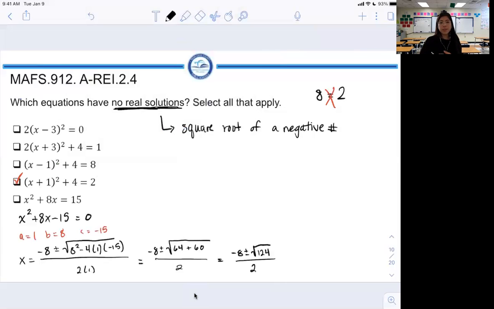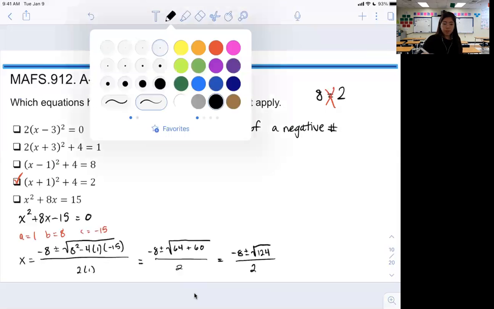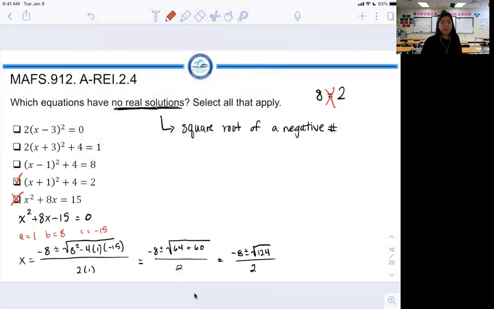I just need to know if this is going to have no solution. So is there any point where I would have to take the square root of a negative number? No. Even though 124 isn't a perfect square, it's not going to be no solution because it's a positive number. So that one's actually good to go.